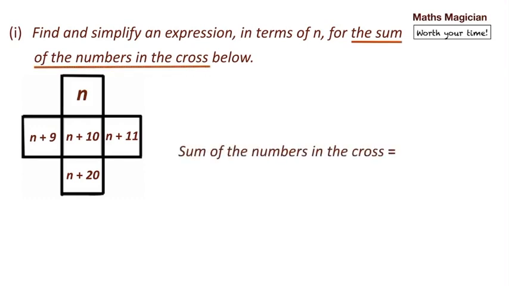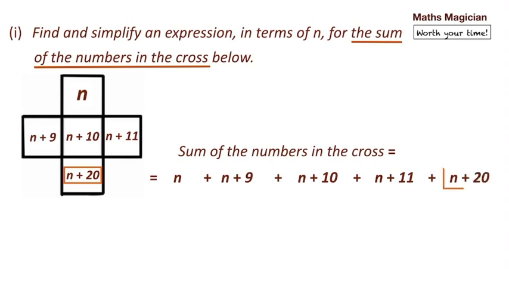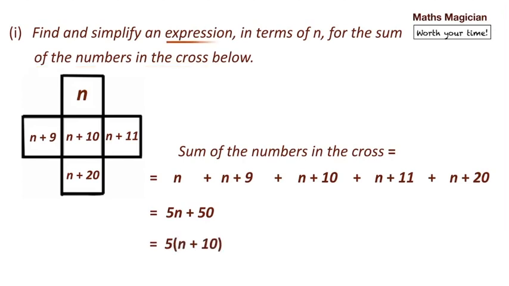So sum of the numbers in the cross is equal to n plus n plus 9 plus n plus 10 plus n plus 11 plus n plus 20 equal to 5n plus 50, which is the required expression in terms of n for the sum of the numbers in this cross.